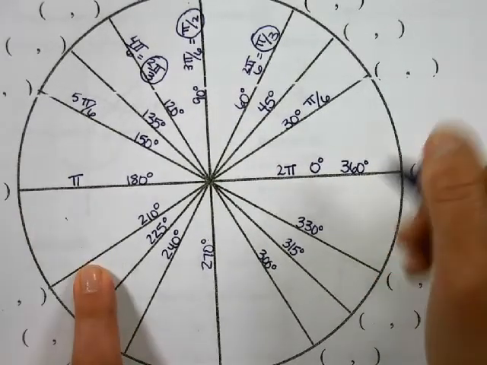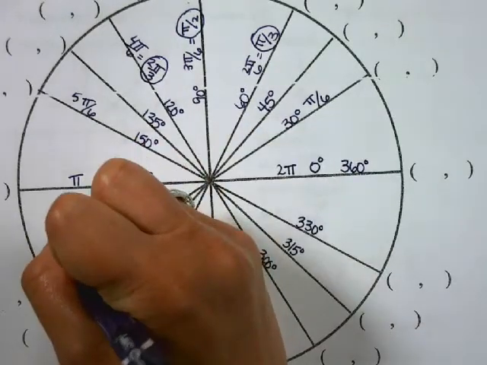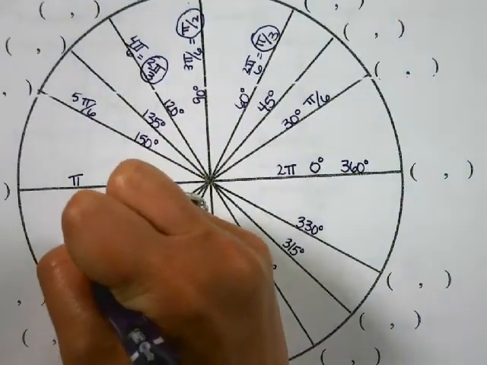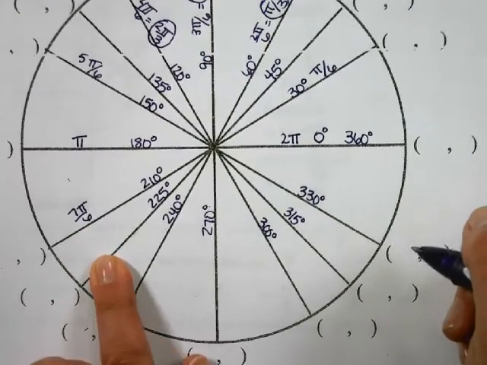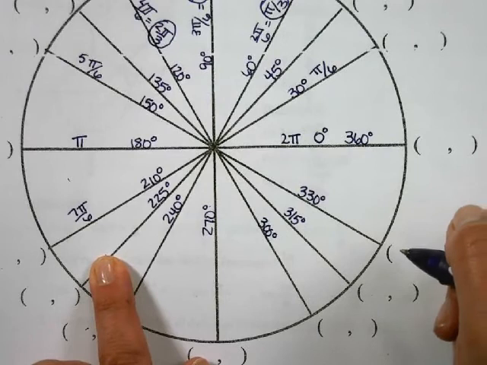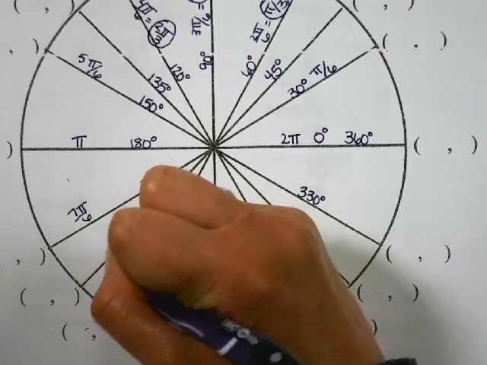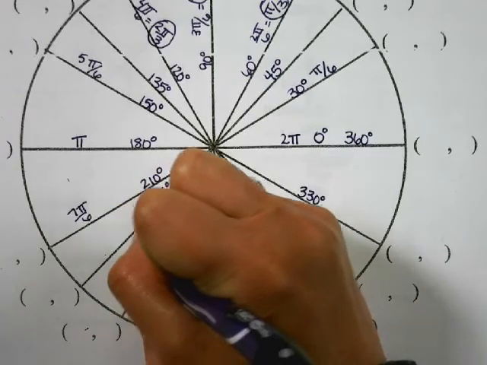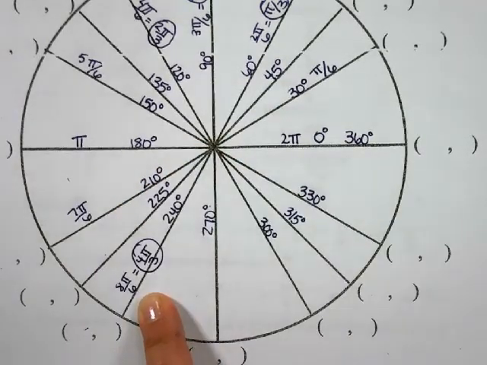Down here at 180. 7 pi over 6. It doesn't reduce. Skip the 45. 8 pi over 6. What's that reduce to? 4 pi over 3. Nice.